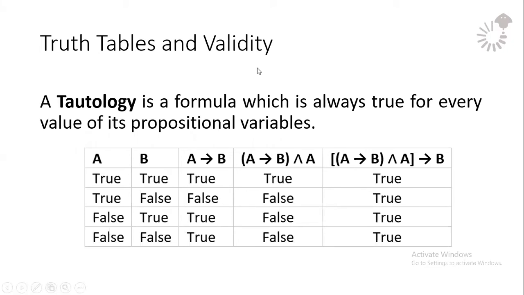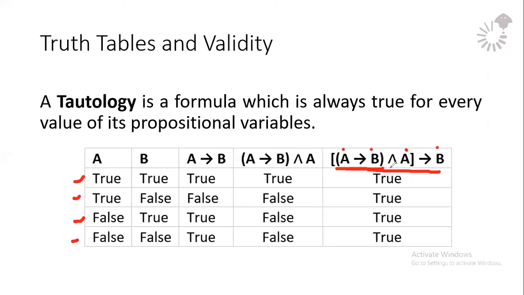And then we can check if the statement is valid. For example, the given equation is A implies B, and A and all over implies B. We have two variables, A and B only. So these are the possible combinations of values: true, true, true, false, false, true, true, true.